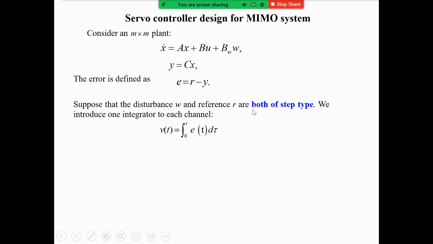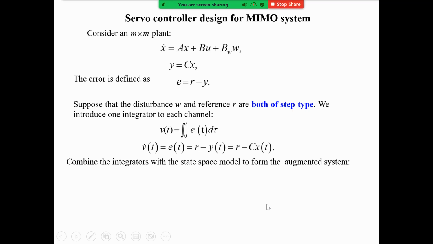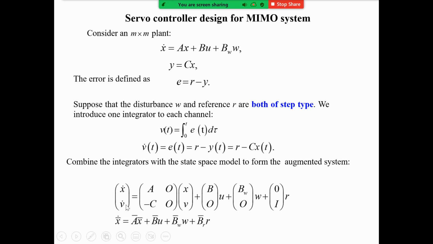In this way, we have to introduce the integrator, because we know the integrator has a magic power to deal with the constant reference input. We combine the integrator with this state space model, and we have a new augmented system.